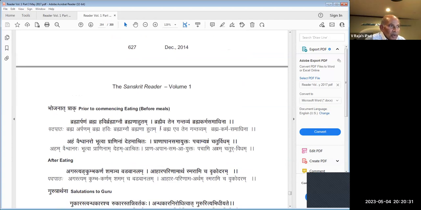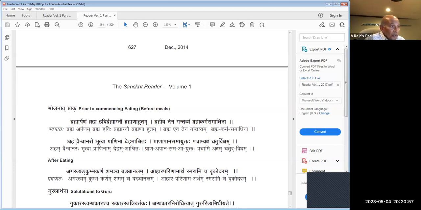Brahmarpanam Brahmahavir Brahmagnau Brahmana Hutam. This is from the 4th chapter of the Gita, 24th verse. Then this is the 15th chapter. Aham Vaishwanaro Bhutva Praninam Deham Asritaha Prana Apana Samayuktaha Pachami Annam Chaturvidham. I digest food in 4 ways.